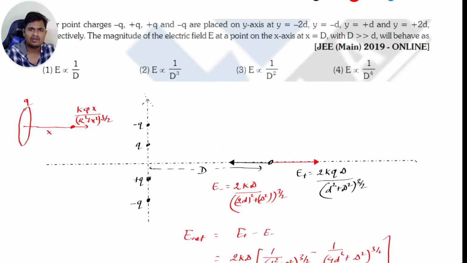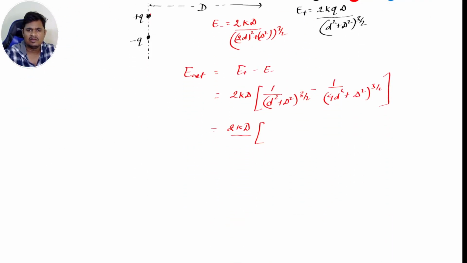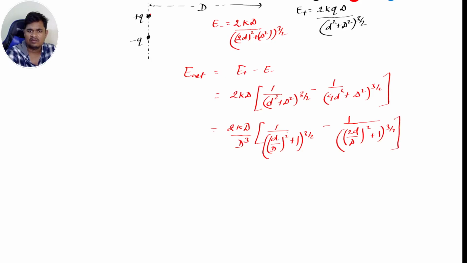We have to understand this condition: D is much greater than d. So I am taking D square common here, and this will become 1 upon 1 plus d by D whole square raised to the power 3 by 2 minus 1 upon 1 plus 2d by D whole square raised to the power 3 by 2.